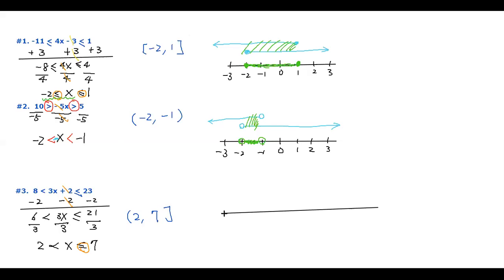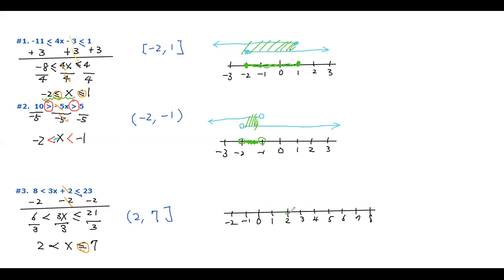Now let's take a look at how to graph it. This is 0, -1, -2, then 1, 2, 3, 4, 5, 6, 7, 8. It's telling me it's between 2 and 7.